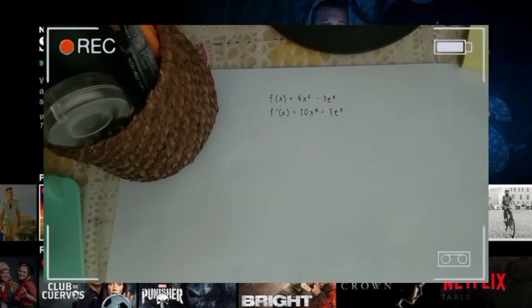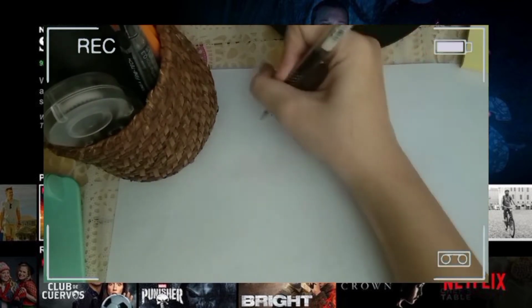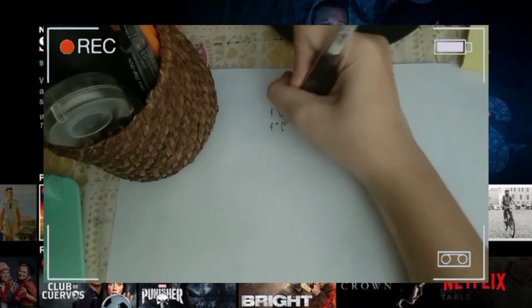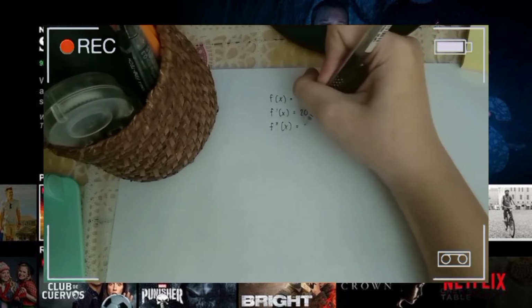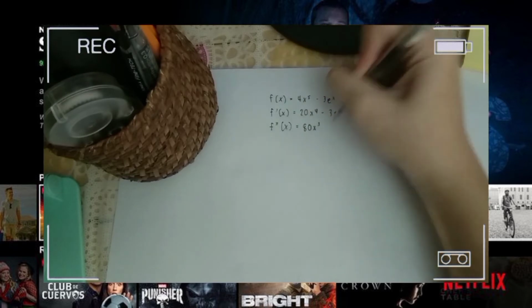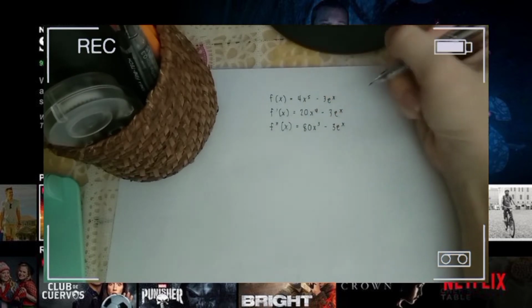And then, why stop there? Let's find another derivative. For the second derivative, bring down the 4, and we have 80x cubed minus 3e to the x.